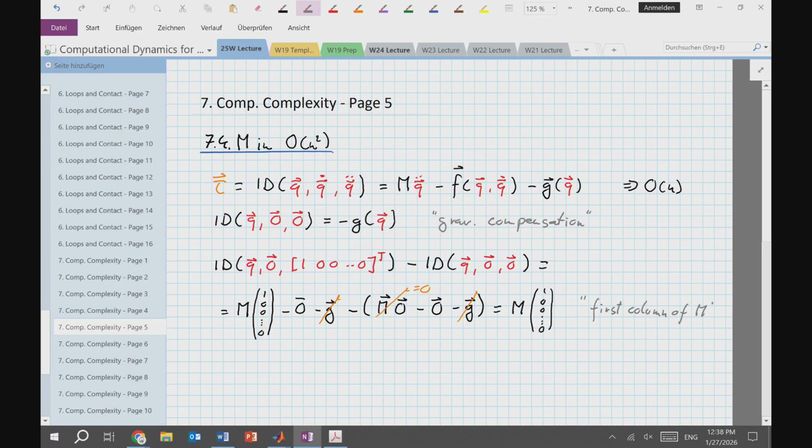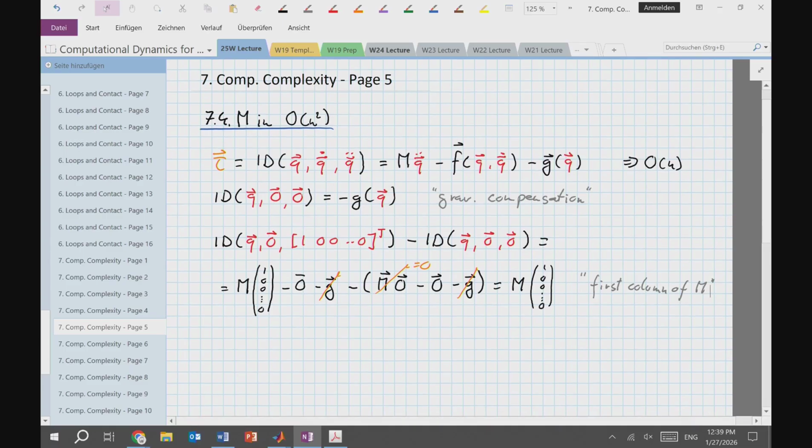So I can compute a column of the mass matrix in linear time, right? I called only this function ID, which scales order n. I have to call it twice, so yeah, it's order n times 2, but that's the same as order n, doesn't matter. And that gives me a column of a mass matrix.